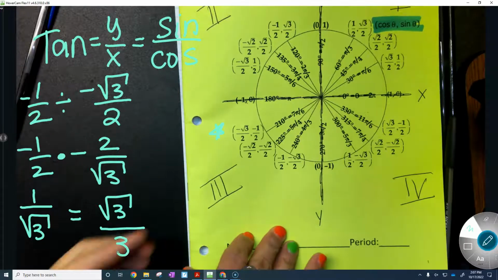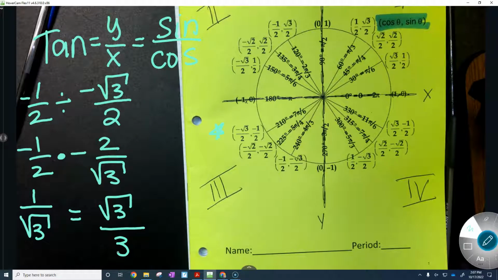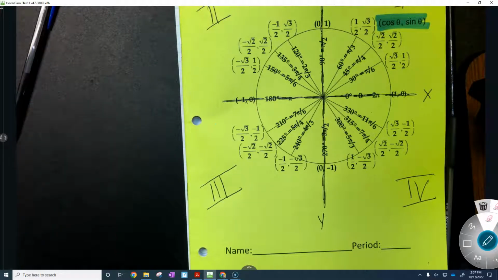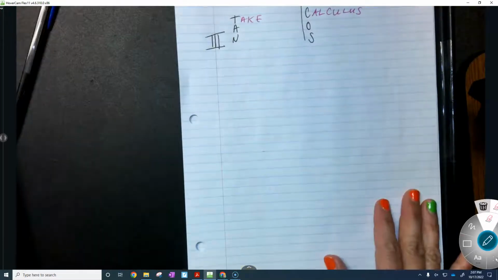If you guys could, please, let me go ahead and get rid of this ink. Y'all go back to the very first notes you took on Friday. That table. You made a little table of your trig functions.